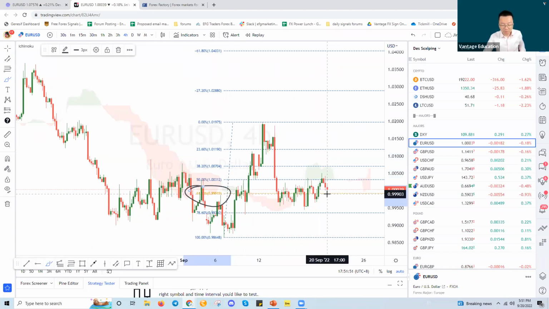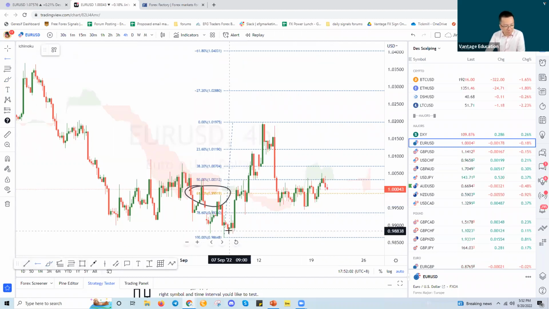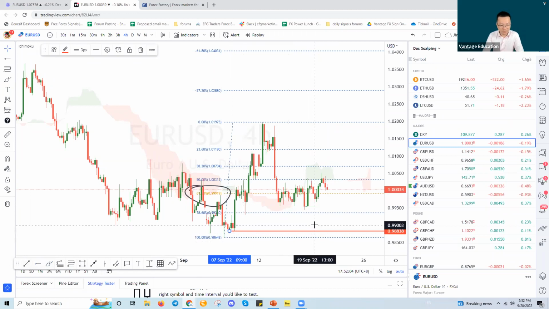So we're looking for not just the cloud. I'm not going to sell straight away at this point and anticipate that it's going to come down towards this support level straight away. Right, I'm going to wait for price. This is an indication I'm looking to sell it down. I'm going to wait for it to break below that 61.8 level.